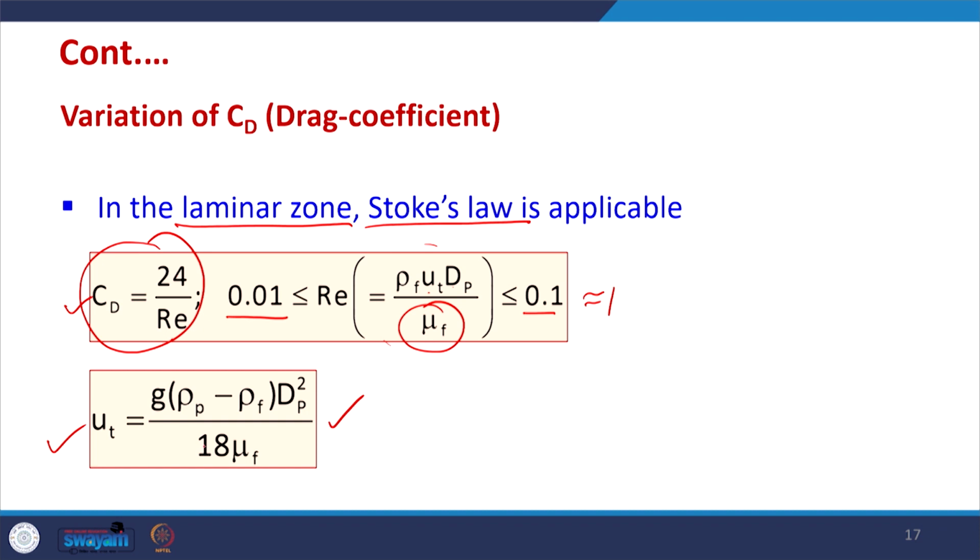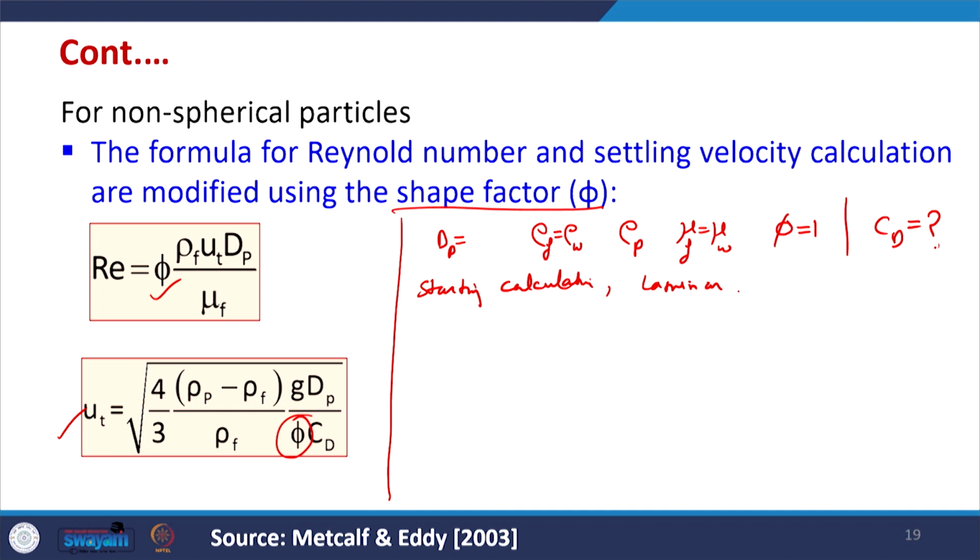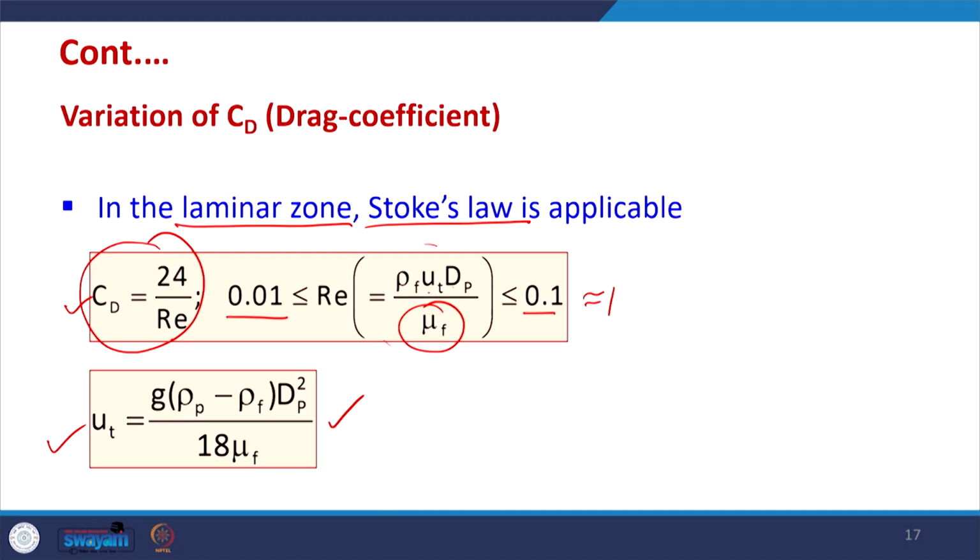As soon as we assume that the laminar zone is there, we do not require the Cd value because it is fixed. So, if we assume laminar zone, we can find out the ut using the equation which is given here, okay, and then we can find out the ut.